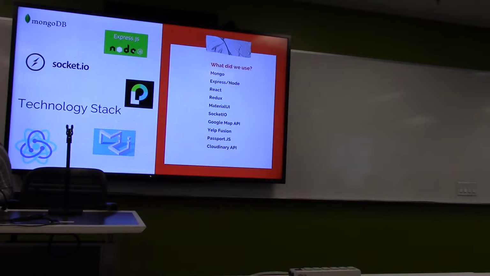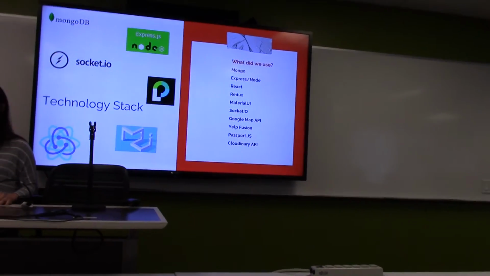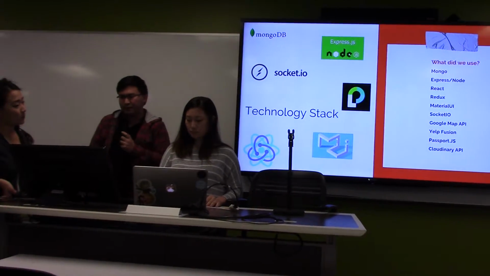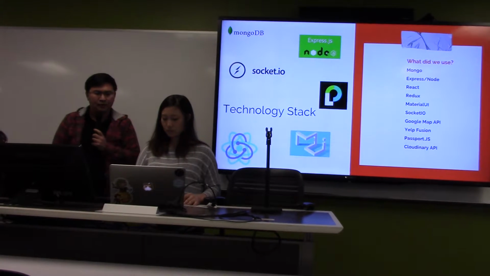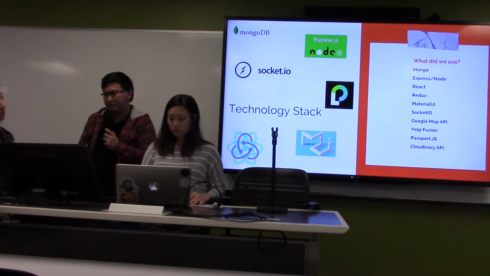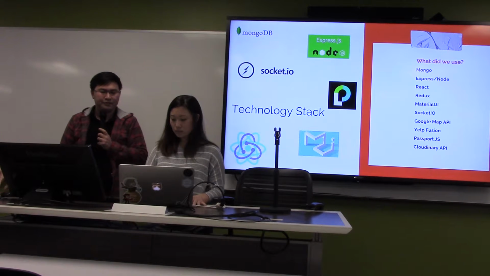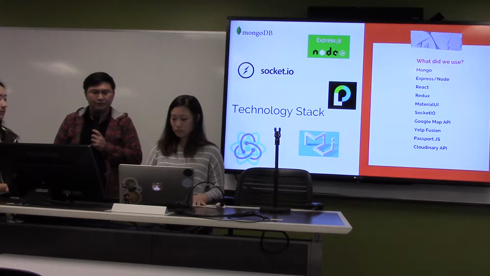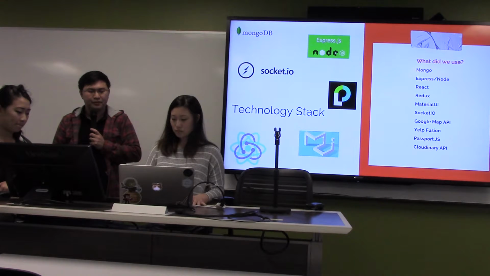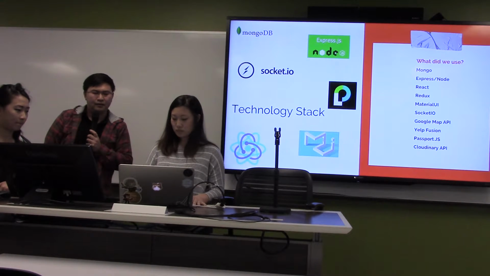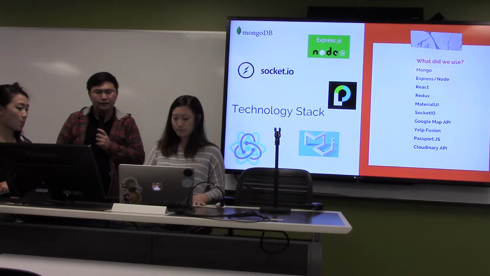Socket.io for the chat feature, Google Map API for displaying the Google Map and the pings, Yelp Fusion API for the business entry, the restaurant entries, Passport for authenticating users, and the Cloudinary API for uploading and storing images.